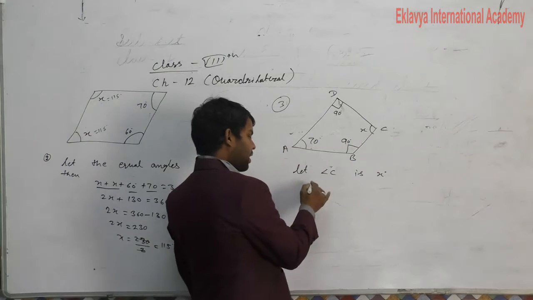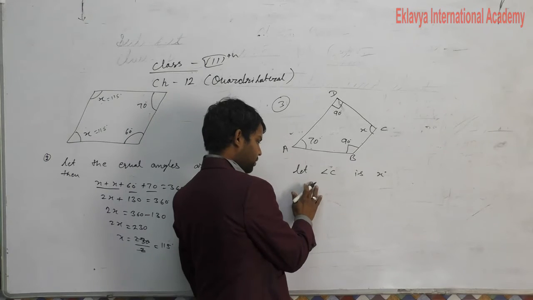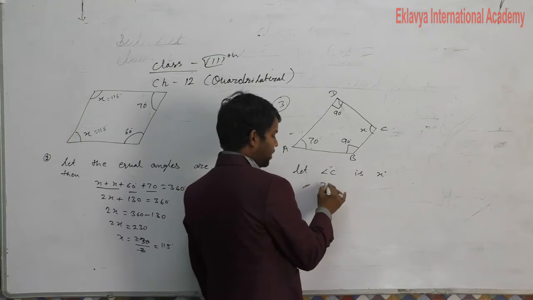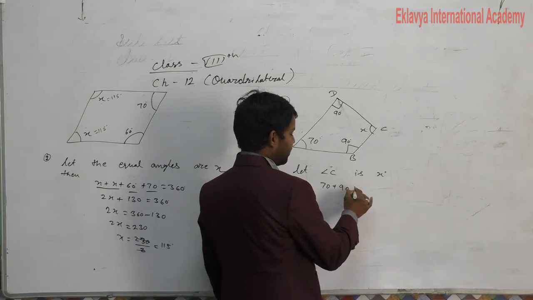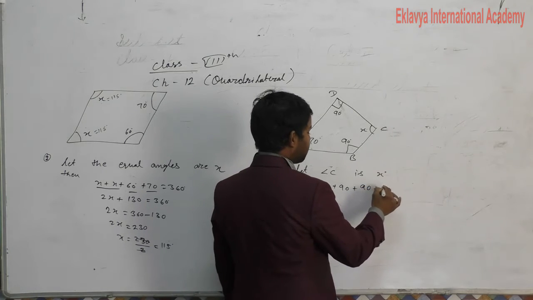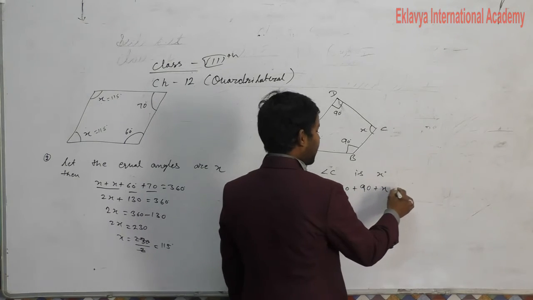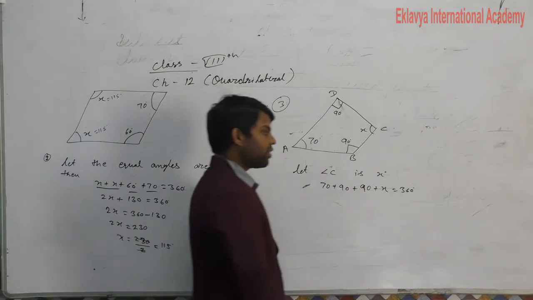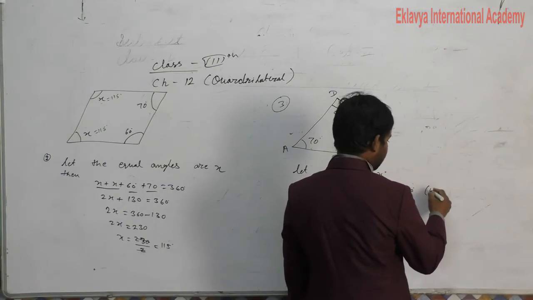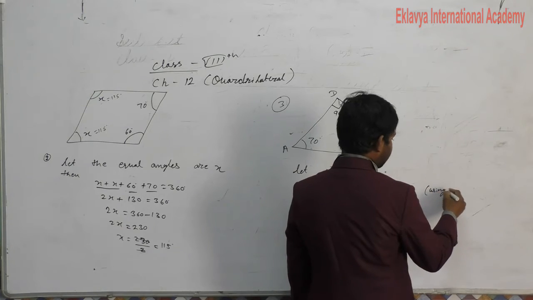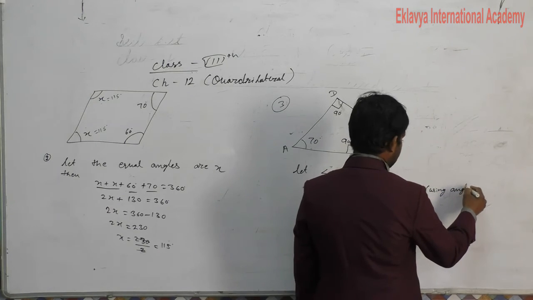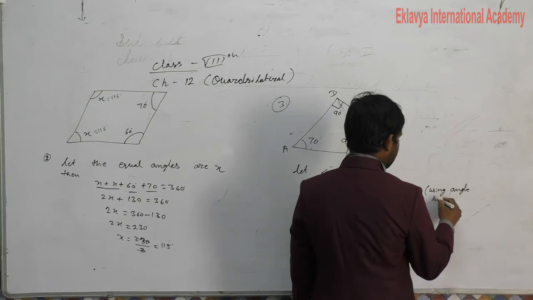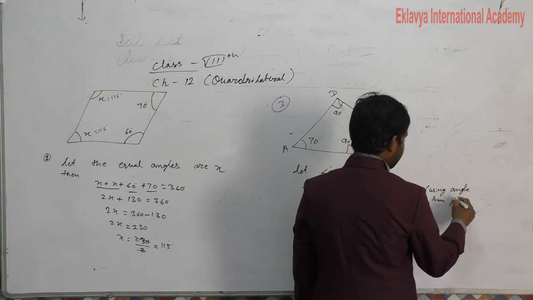So 70 plus 90 plus 90 plus x is equal to 360 degrees. Here we write it using angle sum property.